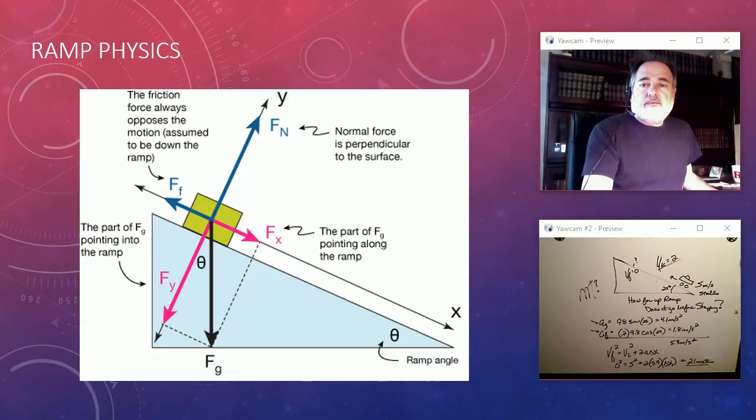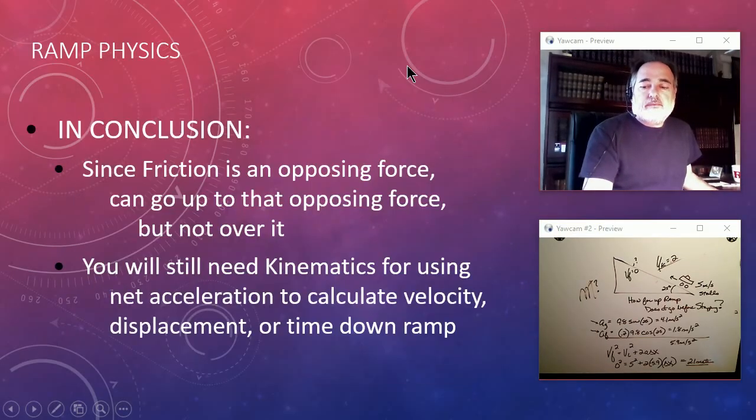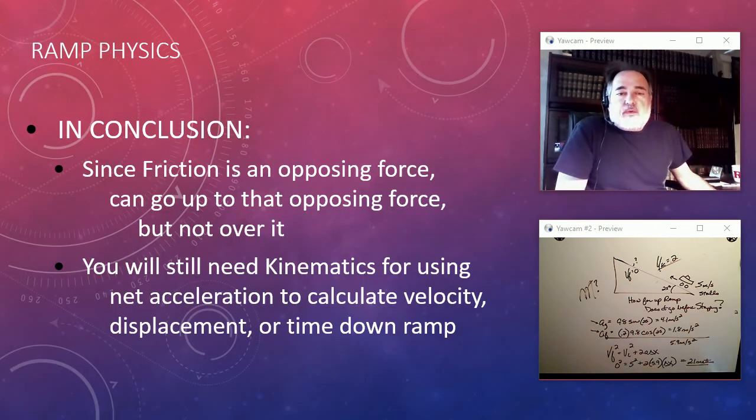Okay, so in conclusion, since friction is an opposing force, it can go up to that opposing force, but not over it. If friction, based on the coefficient of friction, was high, it wouldn't allow it to go down the ramp.